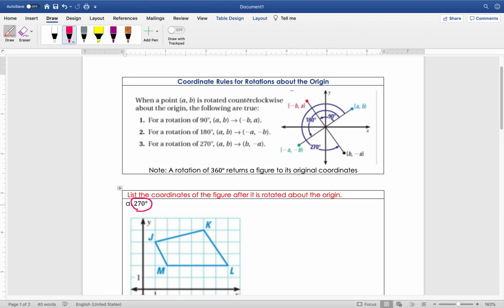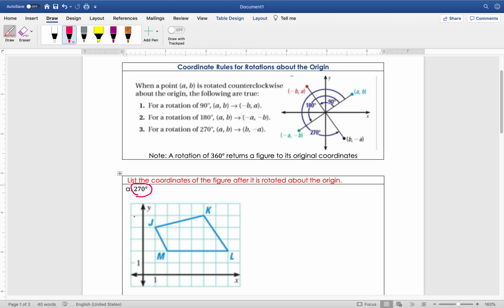So an example of this would be this one that says list the coordinates of the figure after it's rotated about the origin. So it's going to say rotate 270 degrees about the origin. The first thing that I would do is list all the coordinates here. So J, K, L, and M. The coordinates of J are 1, 4.